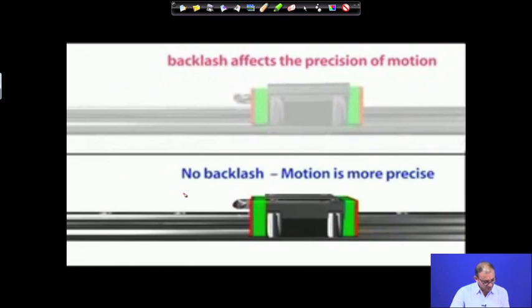Because if you want to cut a straight line, this is your workpiece and you want to cut one slot here, and if there is a backlash, then what you are cutting is something like this, right. You will not get a flat bottom surface on the machined surface, because your workpiece is moving in a wavy direction, and because of that you are not getting a precise movement of the cutting tool either. That is what is going to happen because of this backlash error.